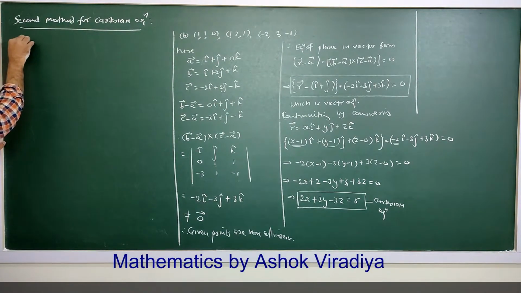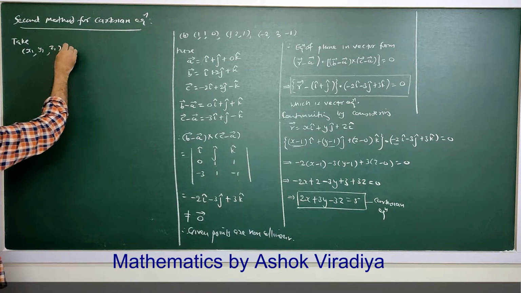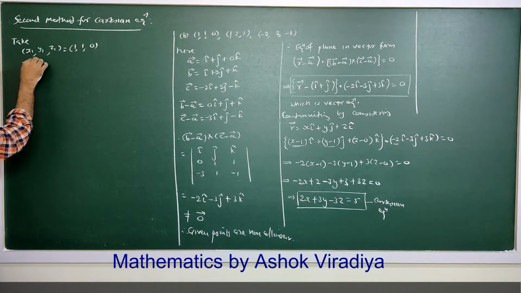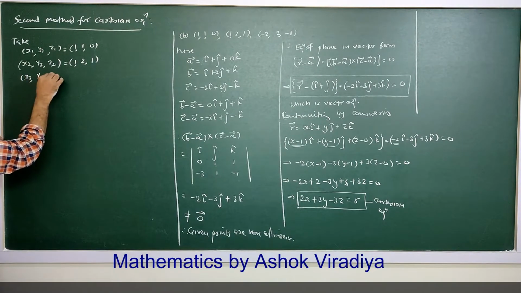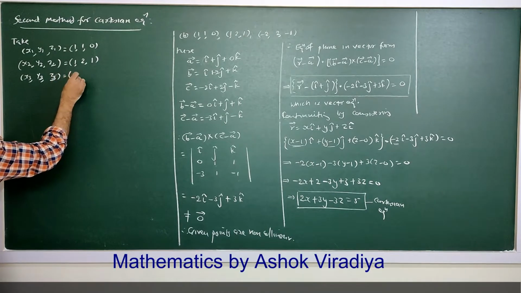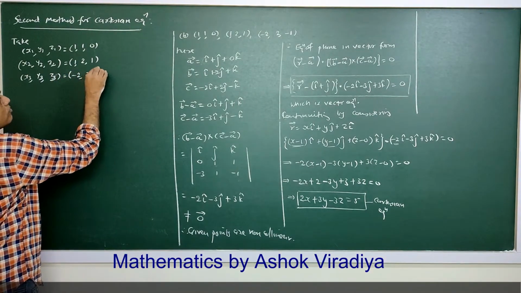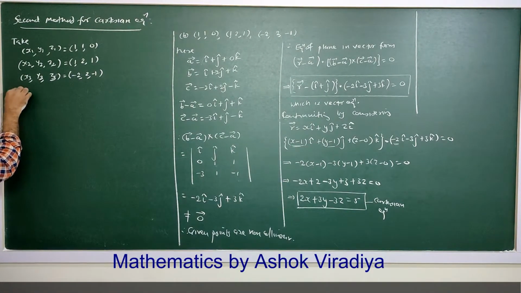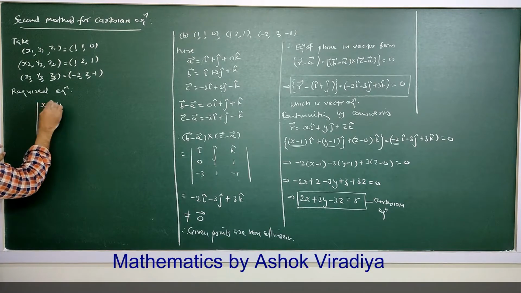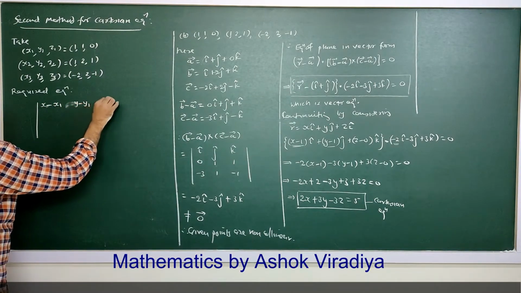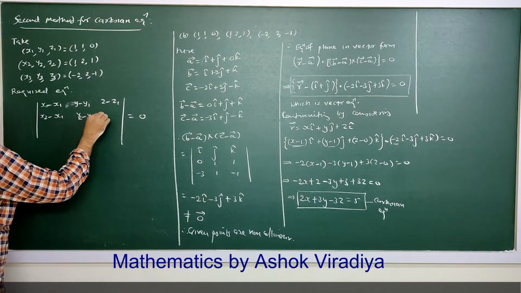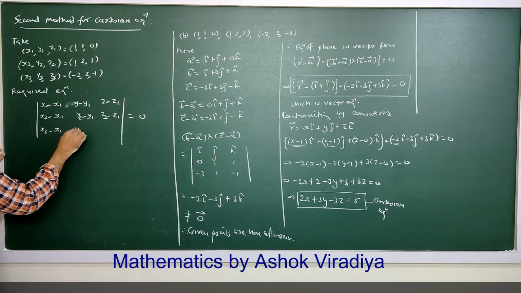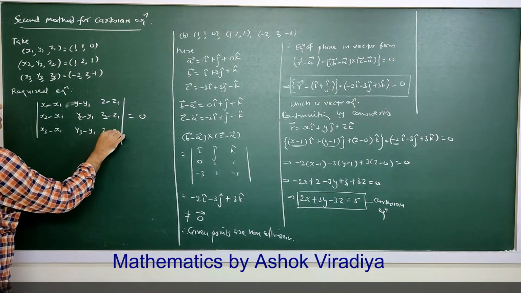So we take x1, y1, z1 equal to 1, 1, 0, x2, y2, z2 equal to 1, 2, 1, x3, y3, z3 equal to minus 2, 2, minus 1, and the required equation, the formula, is the determinant with rows x minus x1, y minus y1, z minus z1; x2 minus x1, y2 minus y1, z2 minus z1; x3 minus x1, y3 minus y1, z3 minus z1, equal to 0.